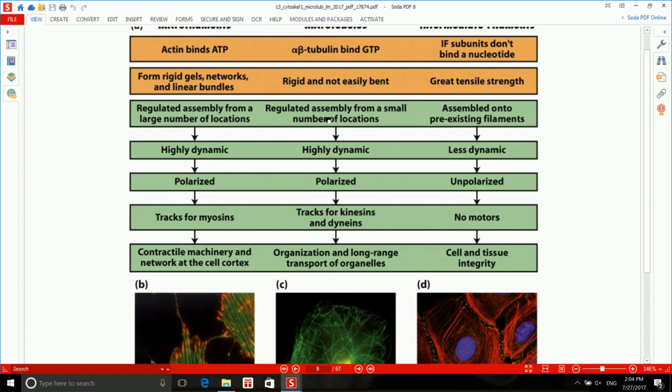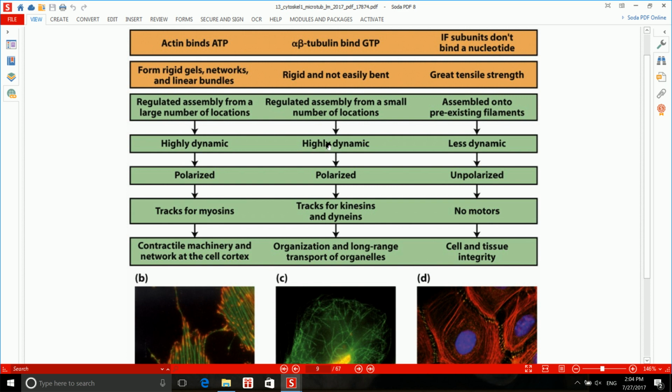So microtubules and microfilaments are highly dynamic, and they're also polarized, and being polarized is a necessity for being dynamic, and we're going to talk about why. And again, common sense, you can see intermediate filaments are unpolarized.